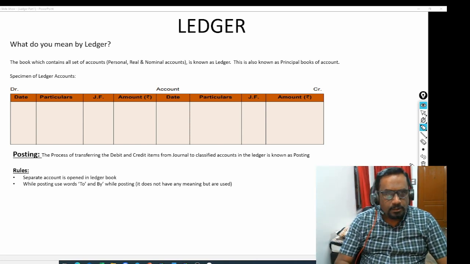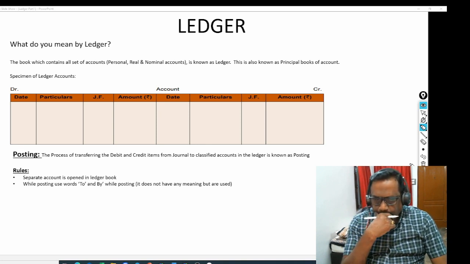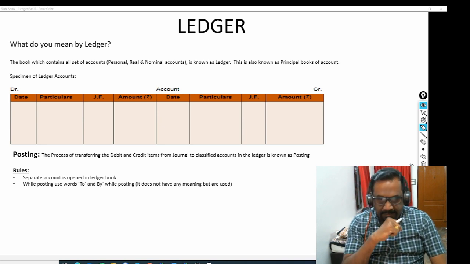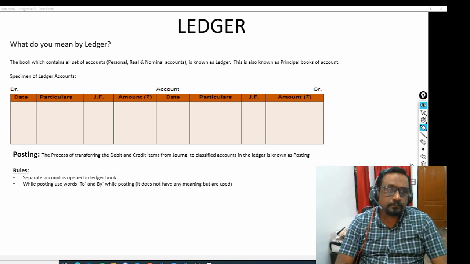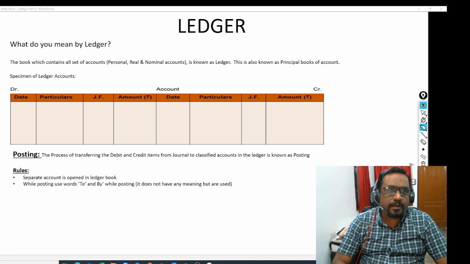Before we get into the ledger, I wanted to explain about the journal topic. Why is it important, and why do we need to learn about the journal before the ledger? The journal book is our day book.